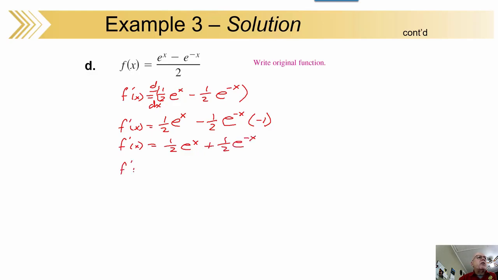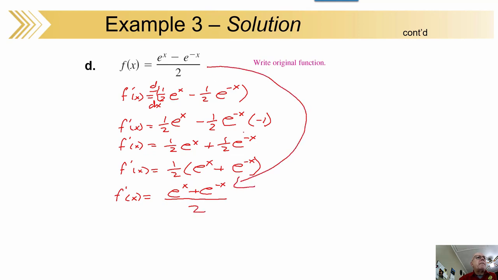And if you want to, since you get a common 1/2, you might wish to write this, and you might even want to do this just to compare them. E to the x plus e to the minus x all over 2, and then compare these two. Hauntingly similar, but different.